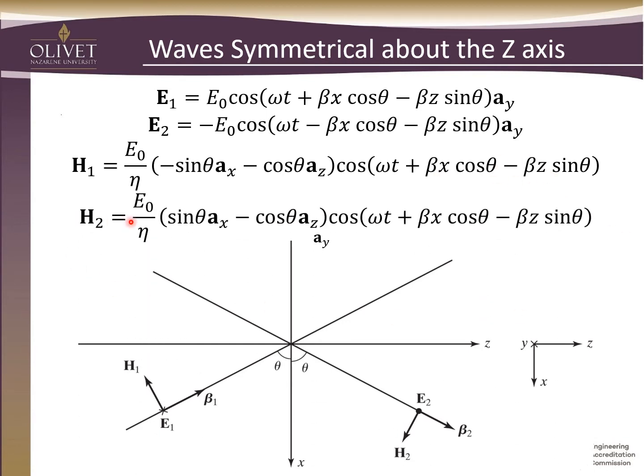And then, of course, our second magnetic field on this side, again, we're just going to have this negative sign here because we're mirrored across the x-axis. And so now we have expressions for our E1, H1 and our E2, H2.